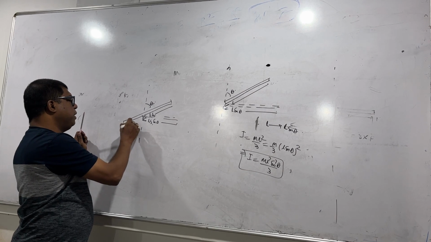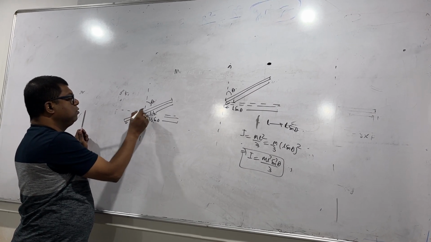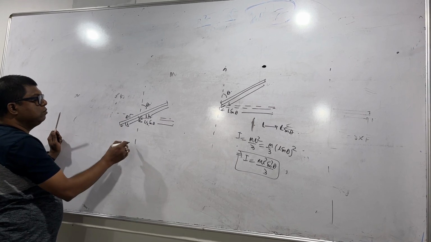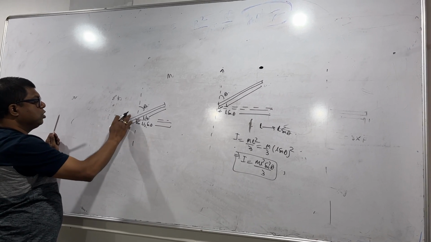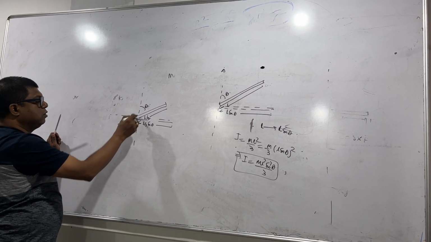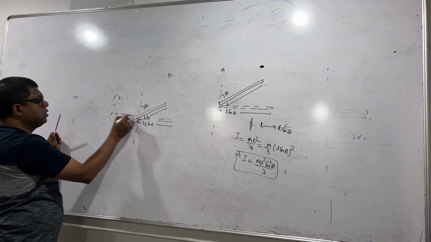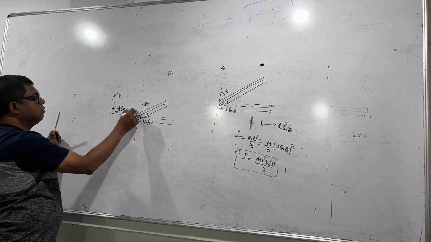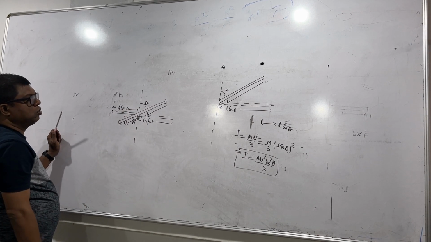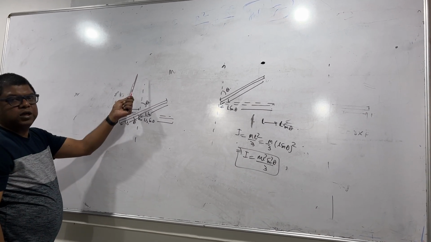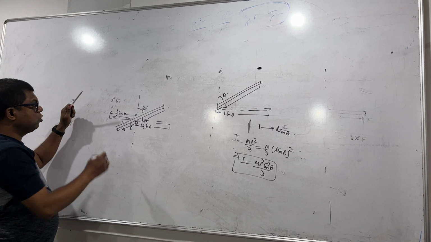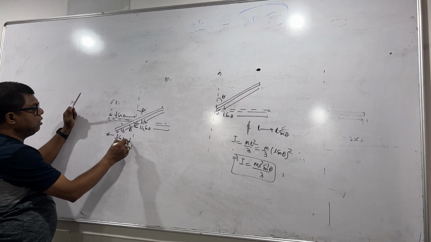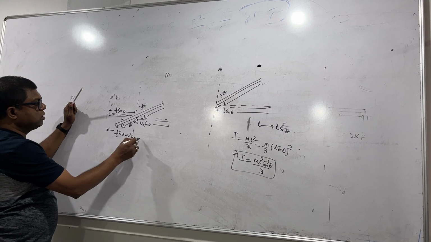And this is L by 2, this is theta. So along this axis it has no moment of inertia. So this total length is L by 2 sin theta plus L by 2 sin theta, which is equal to L sin theta.